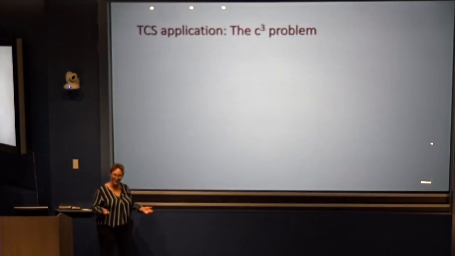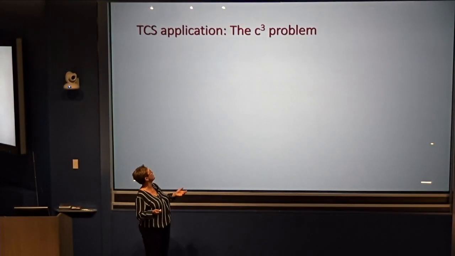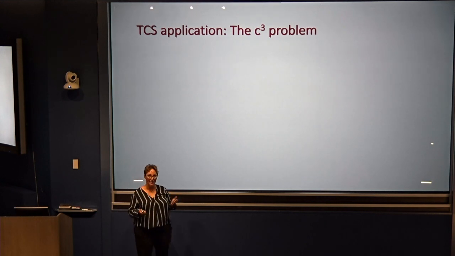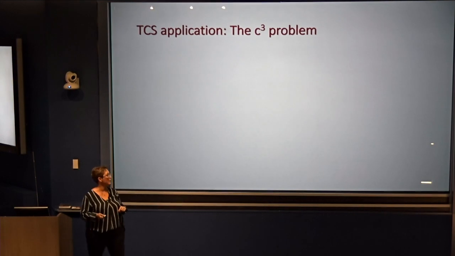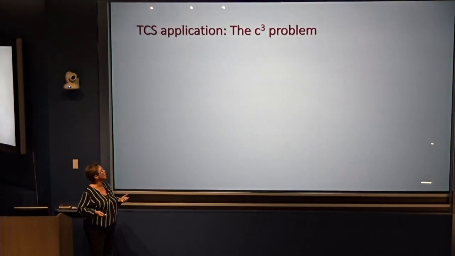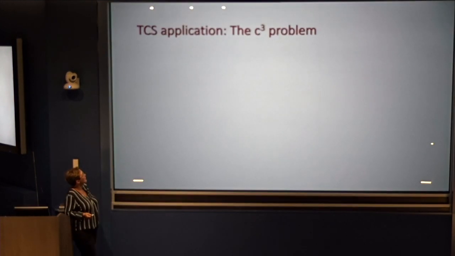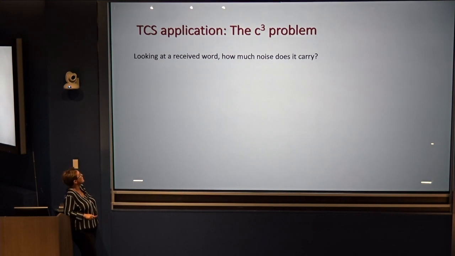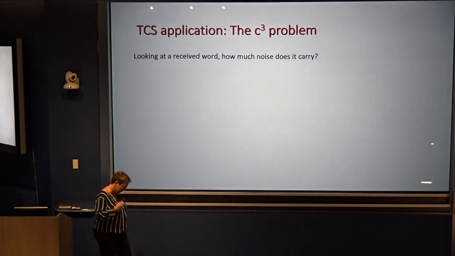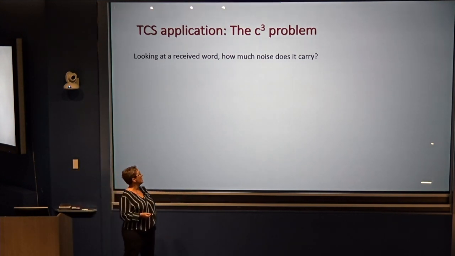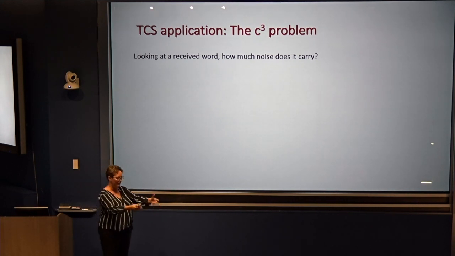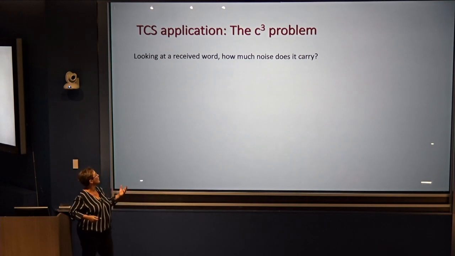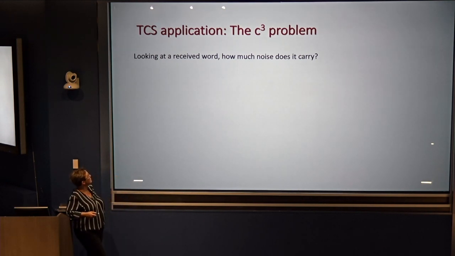Okay, another computer science application or coding application is the C-cubed error correcting codes that Alex was talking about in the previous hour, but I'm going to describe them a little bit or just describe the problem. So going back to error correcting codes, when someone sends you an encoded message, what you get is called a received word, and you want to know how much noise happened to it.